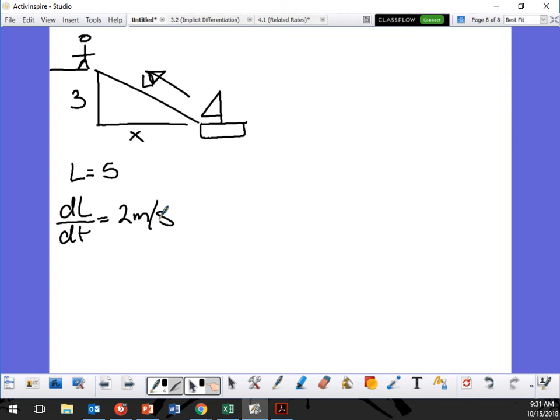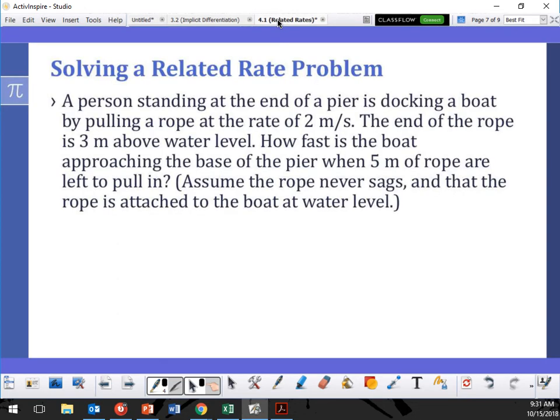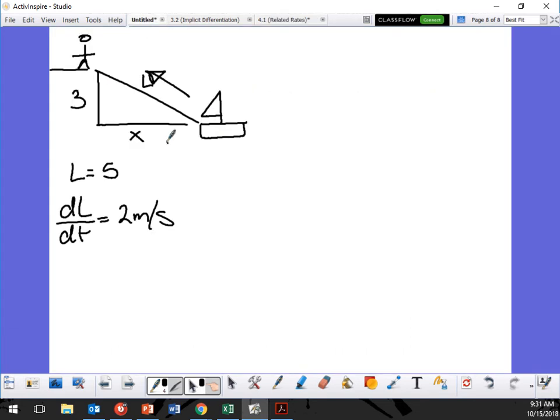And how fast is the boat approaching the base? Okay, so the boat is going this way. So it's asking for dx/dt. All right, so we picked through the problem. We found everything that we need. Okay, and we went around trying to find it all.